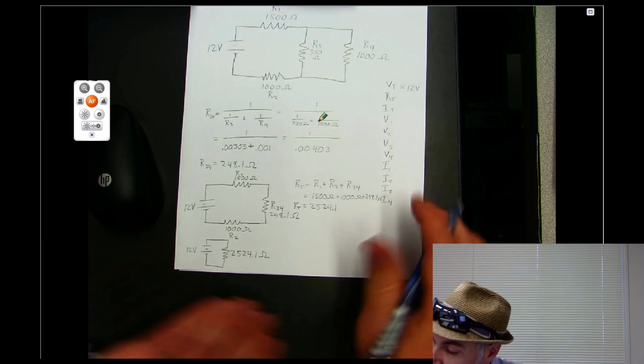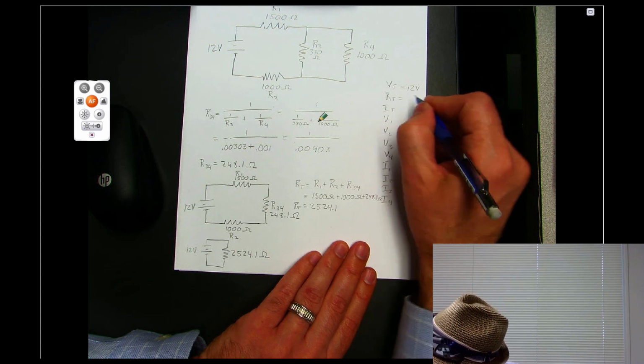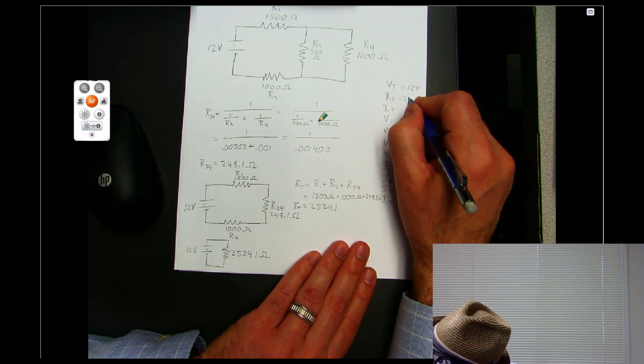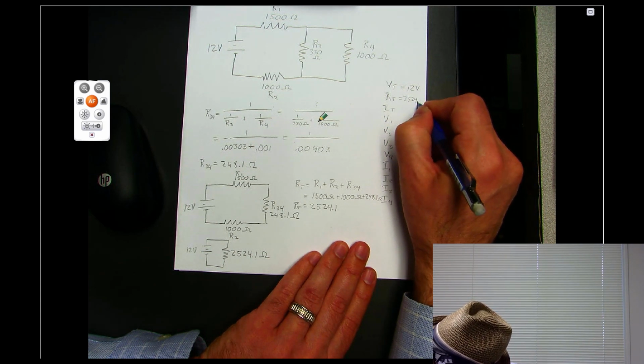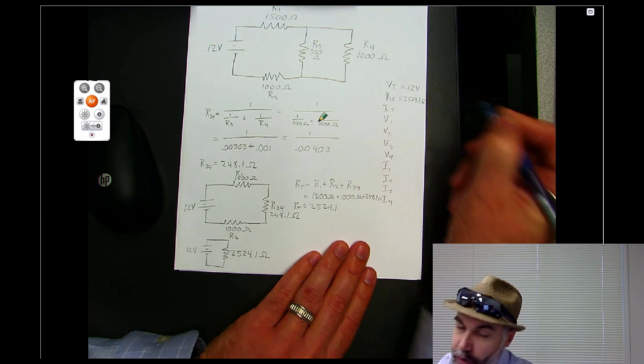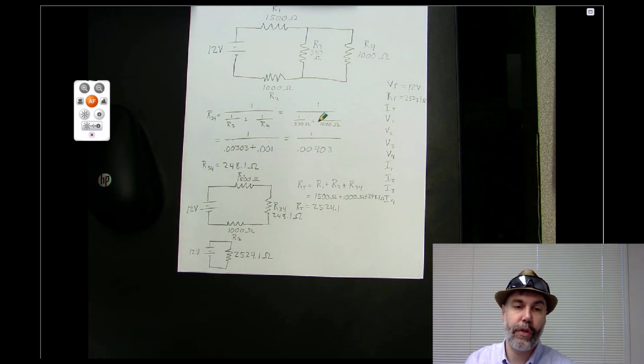Okay? So then that would be my total resistance up here, 2,524.1 ohms. Okay? So that's how we find our total resistance. So any questions about that?